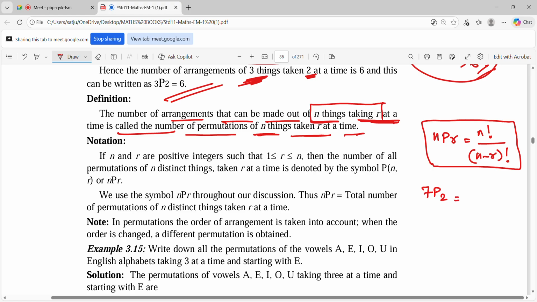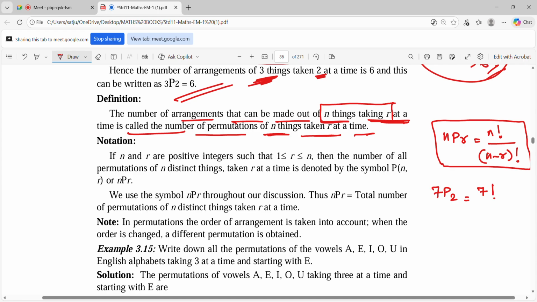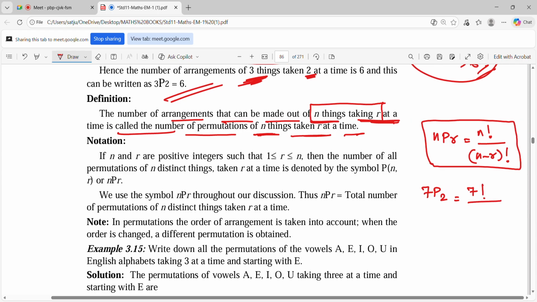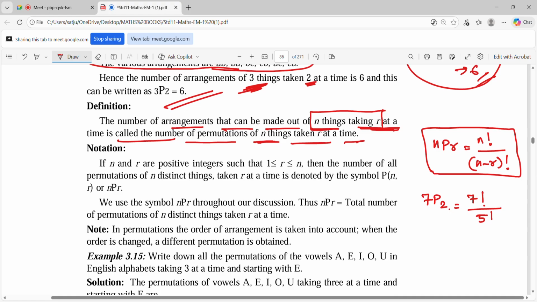How did we get 42? If you apply this formula here, 7 factorial by 7 minus 2 factorial, which becomes 5 factorial. If you write the numerator, it becomes 1 into 2 into 3 into 4 into 5 into 6 into 7.